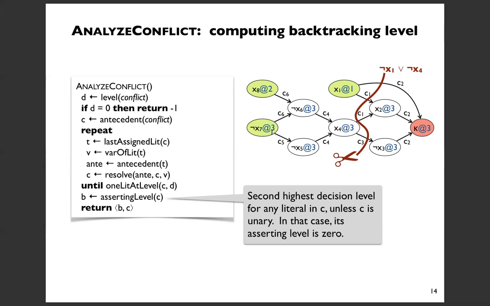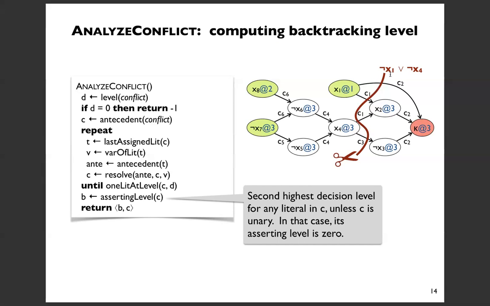Once you avoid this particular exact conflict, if you backtrack to this level, then you may get other satisfying assignments which exist at this point. But the heuristic that is suggested is to backtrack to the second highest decision level of any literal in the conflict clause, other than the current decision level.